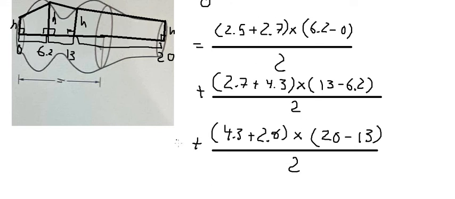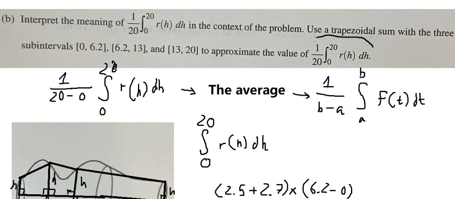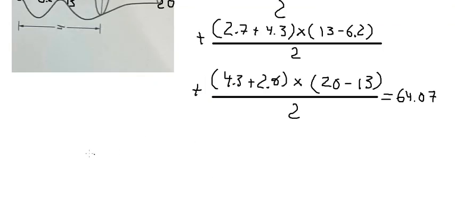So we sum all three fractions in here. You got about 64.07. Now they want to find the value of this one, so we just divide by number 20.